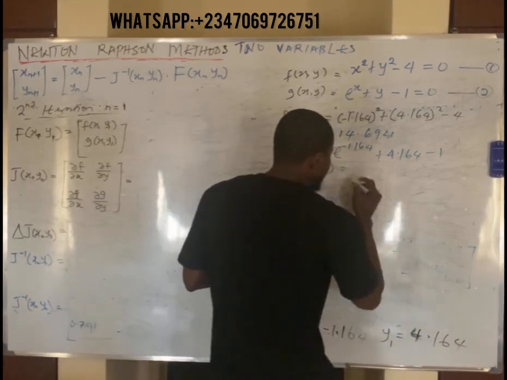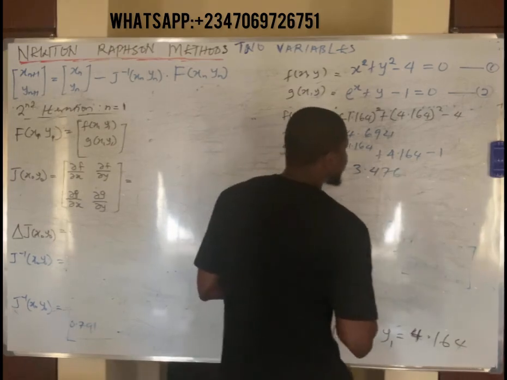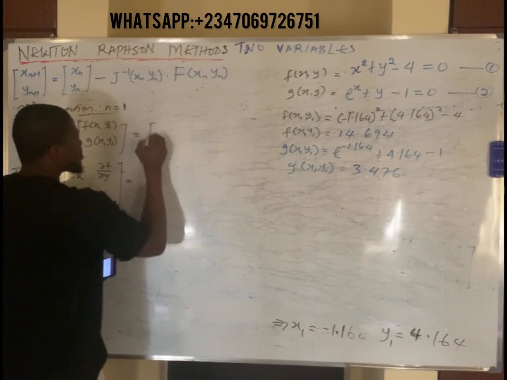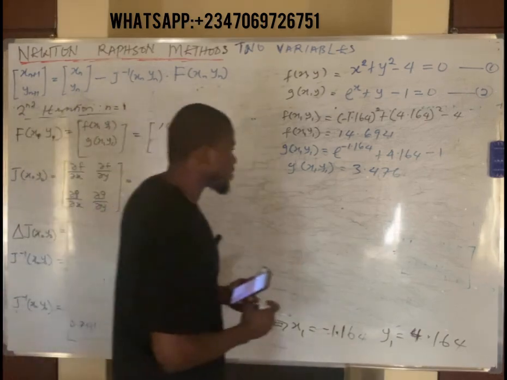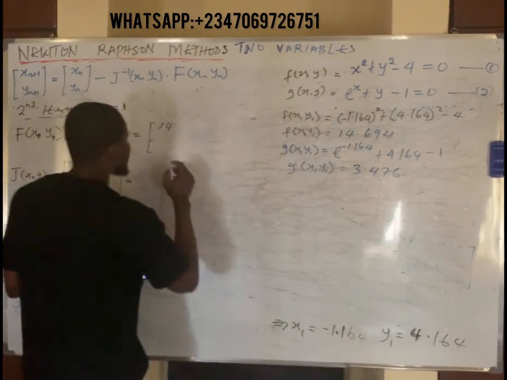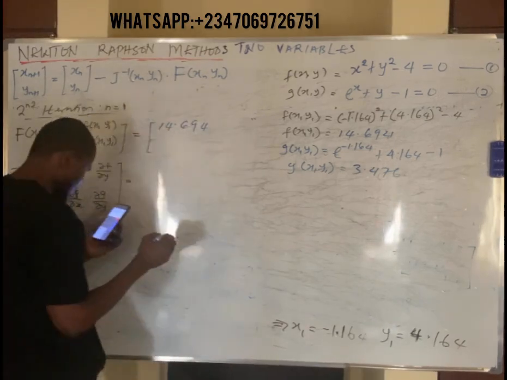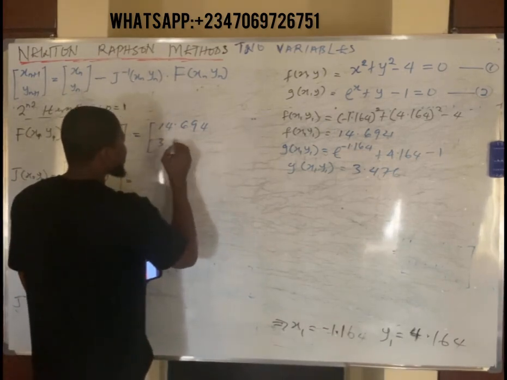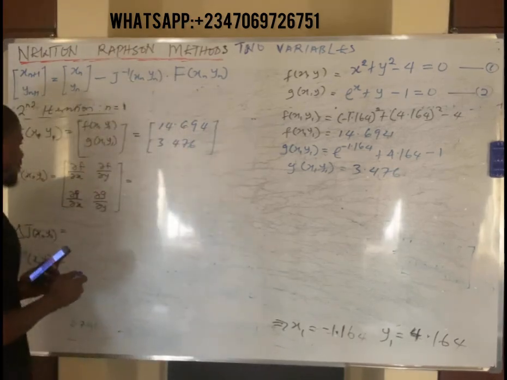So everything here gives us 3.476 approximately. So we have the matrix of the function is simply equal to, for the first function, 14.694, and for the second function we have 3.476. So this gives us the matrix of the function.